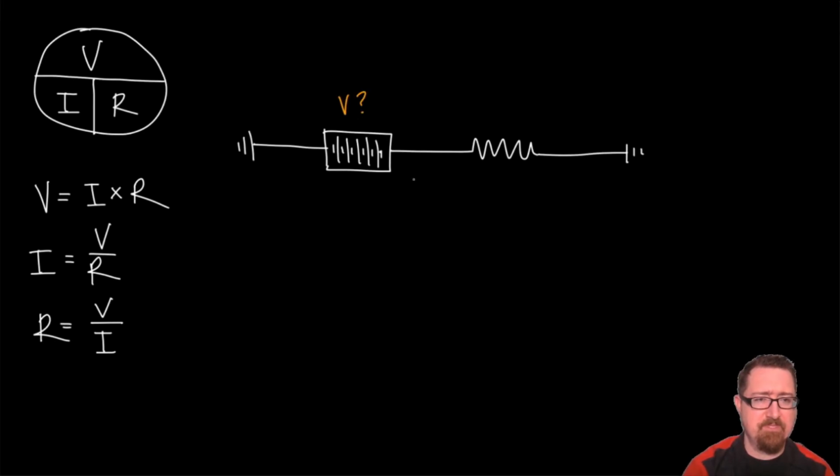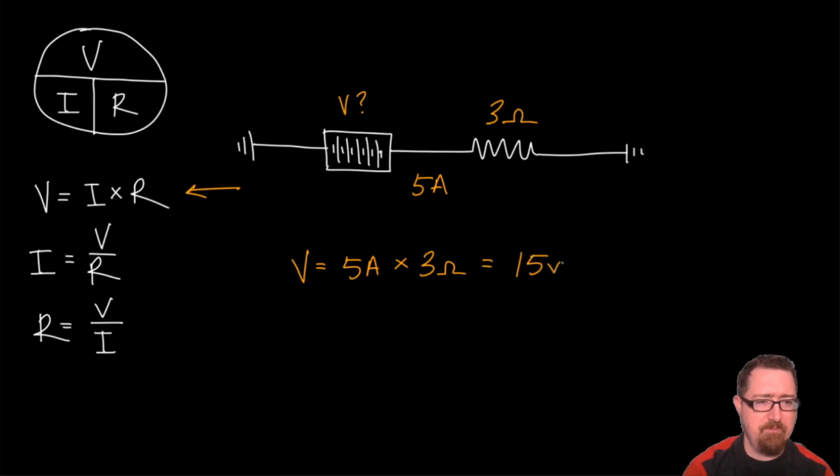We have amps, so let's say this is a 5 amp circuit, and we have a 3 ohm resistance. So again, this time we would use V equals I times R. So V equals I, which is our current, so 5 amps, multiplied by 3 ohms. Okay, 5 times 3, 15, and then we would put V for volts there.